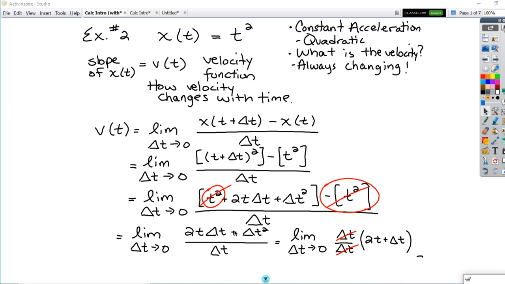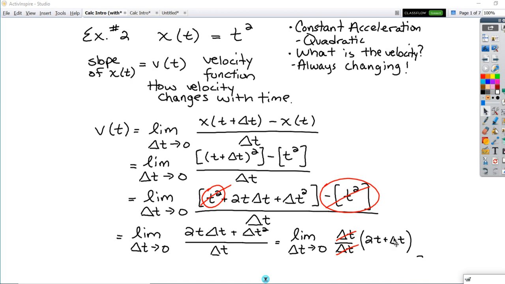So you can factor out a delta t from both terms. If I factor out a delta t from both of the terms, I get 2t plus delta t. So now that I factored that out front, this will cancel with the delta t that was on the bottom. So they cancel out, they get you 1. And so all I'm left with here is the limit as delta t approaches 0 of 2t plus delta t.